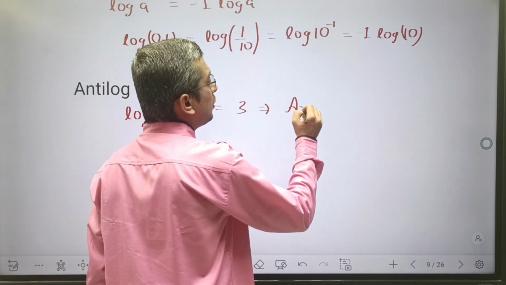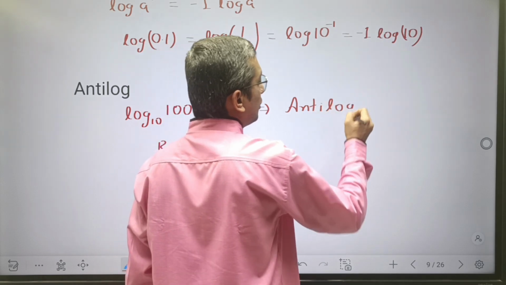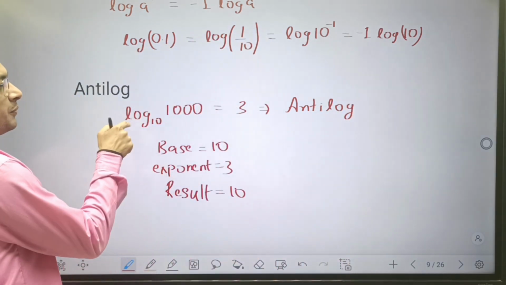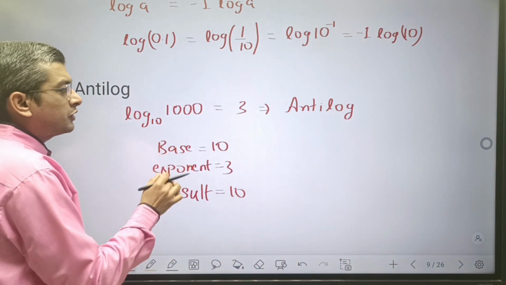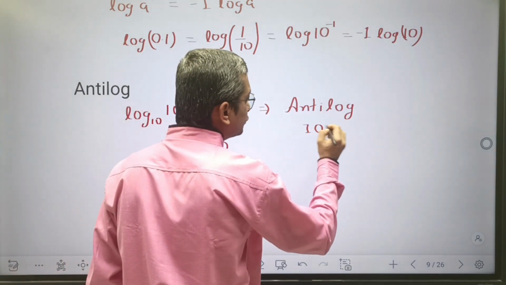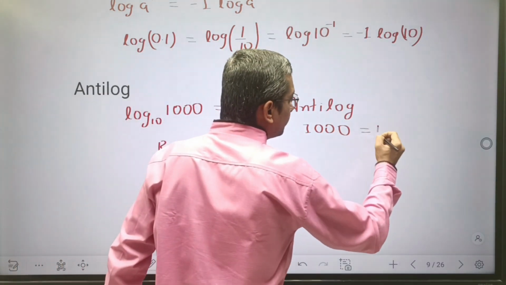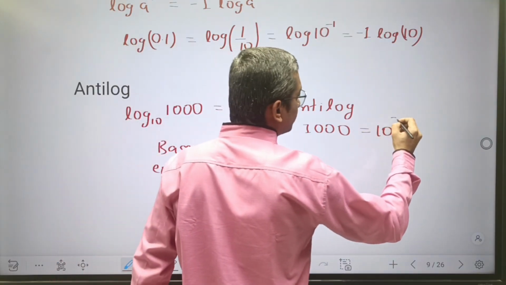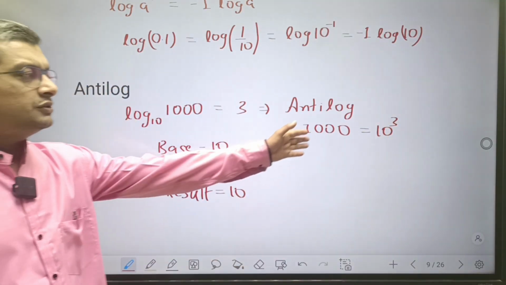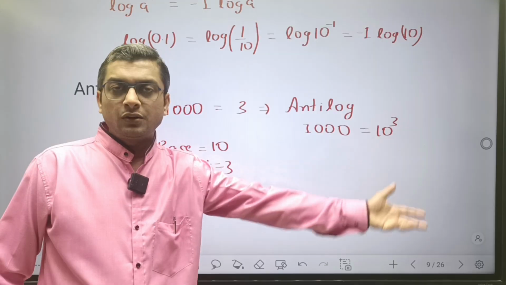Now if you take the anti-log of this expression, you remove the log term, so you are left with only 1000, the base is 10 and the power is 3. This is the result you will get after the anti-log.